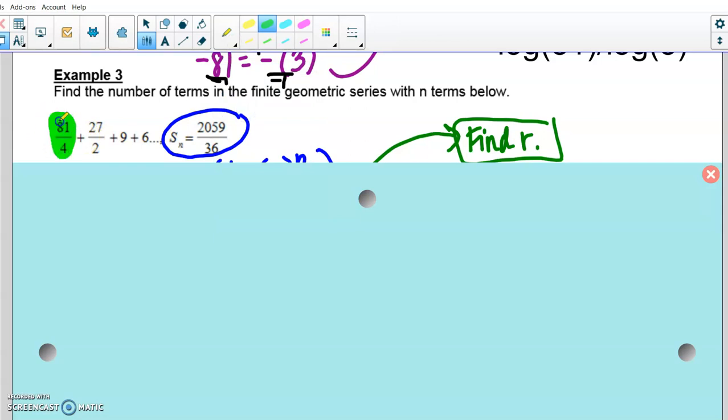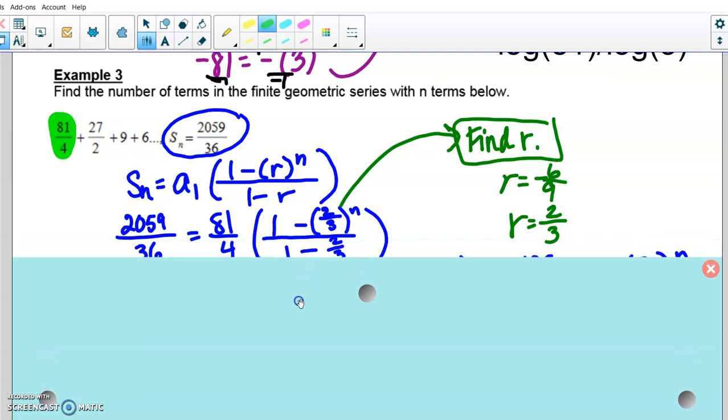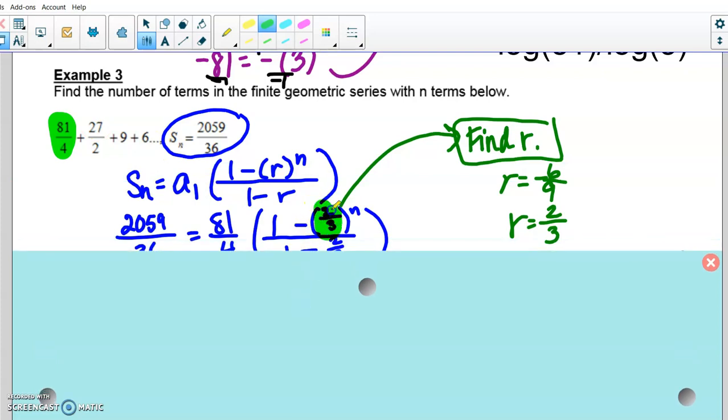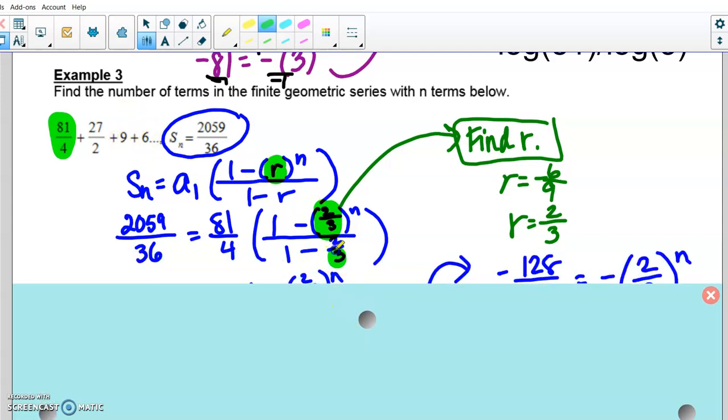And I can use what I know so far to figure out r. So if you were to do 27/2 divided by 81/4, you should get that r is 2/3. Or if you do 6 divided by 9, that's even a little bit clearer, you would see that the r in your formula, that common ratio, is 2/3.